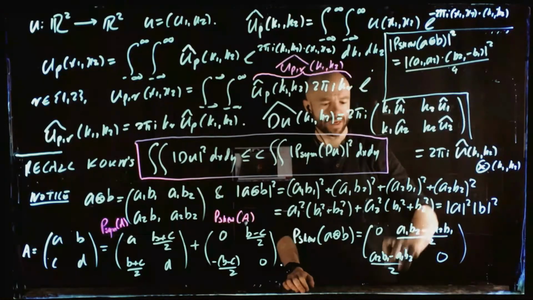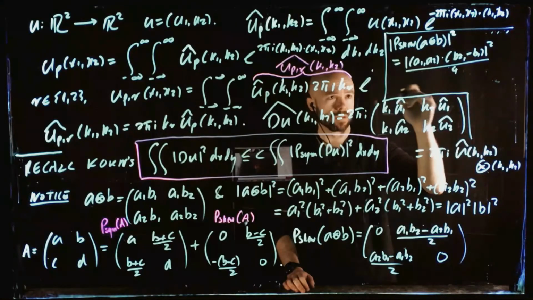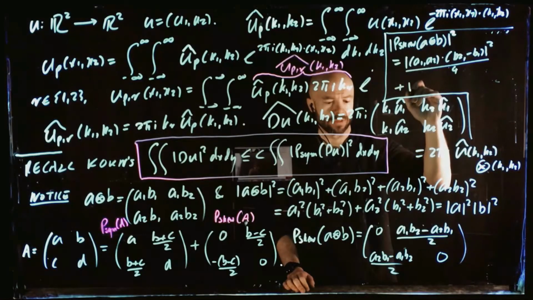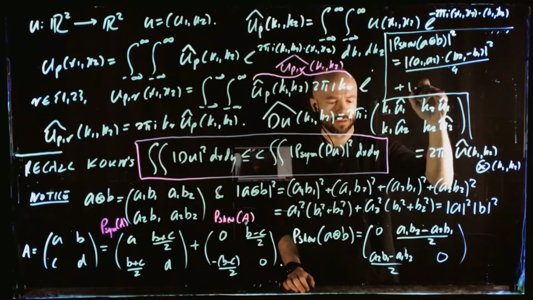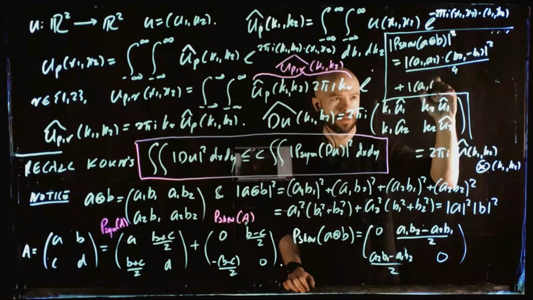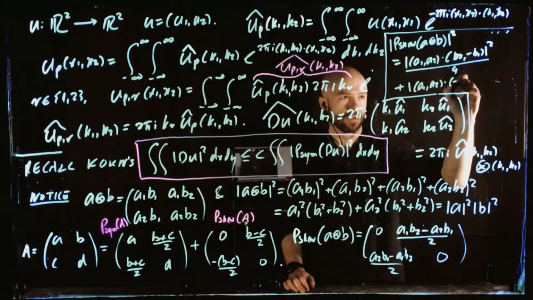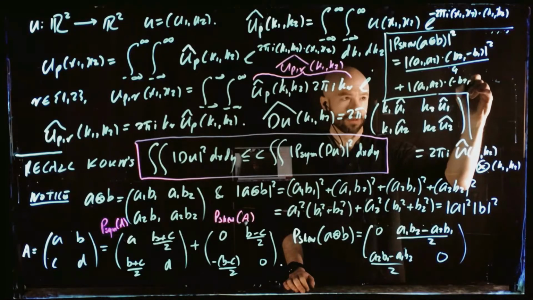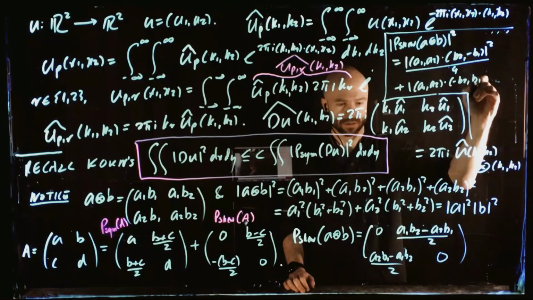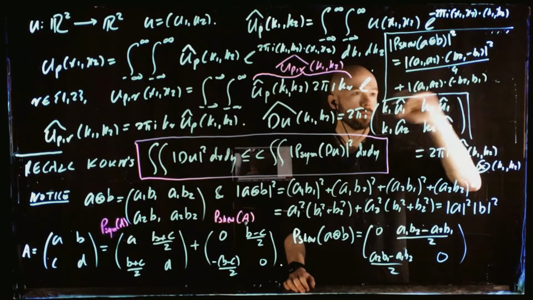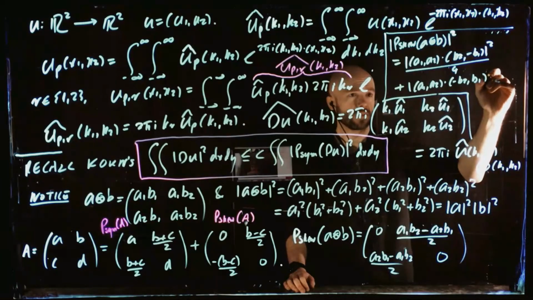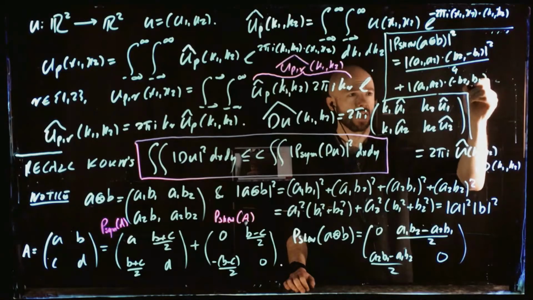That's that entry squared, and now this entry squared, but it has almost the same form. Let's write it as the dot product of A1, A2 with minus B2, B1. Up to a minus sign it is exactly the same.